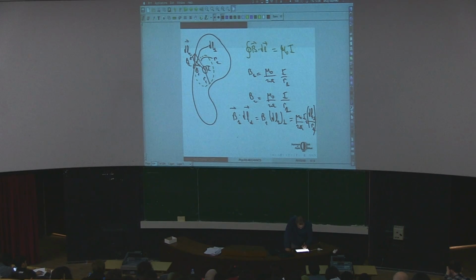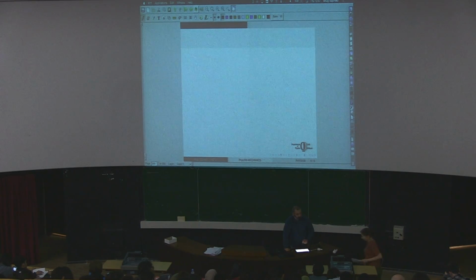Now I can do the same thing for B2. B2 dot dl2 will be equal to mu0 over 2 pi I times dl2 perpendicular over R2. Now let me just exaggerate it a bit.